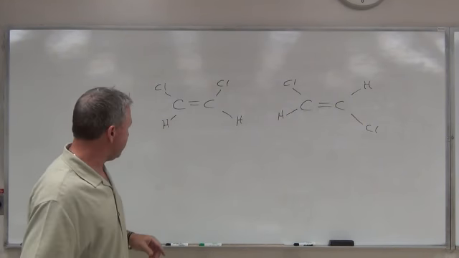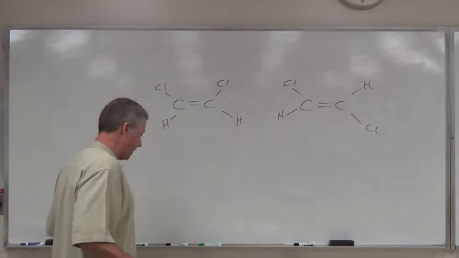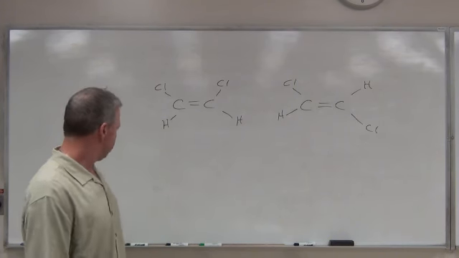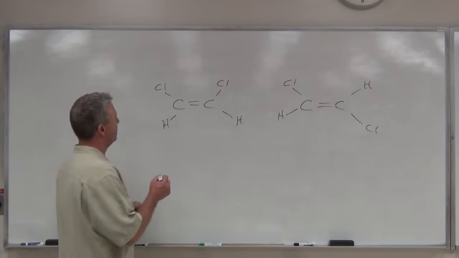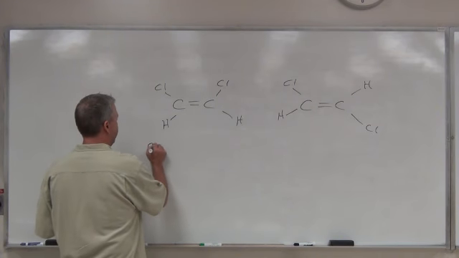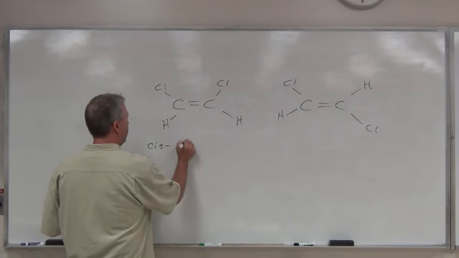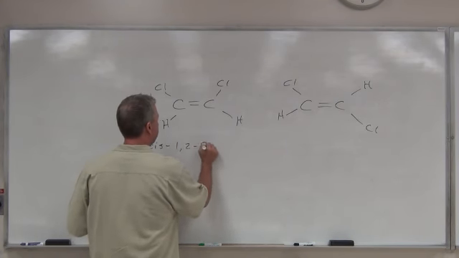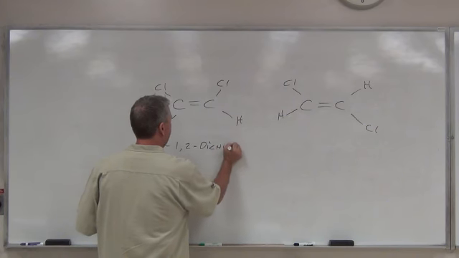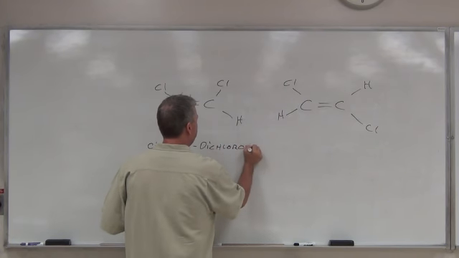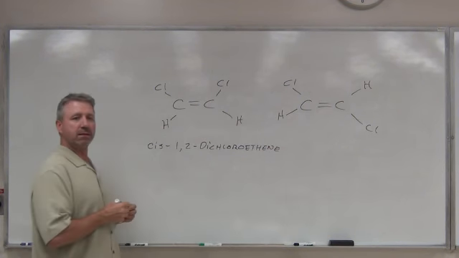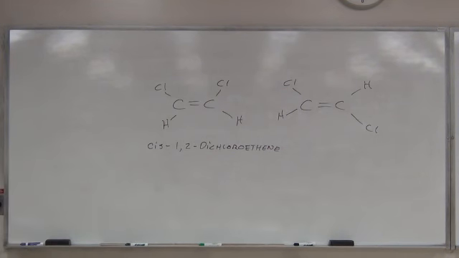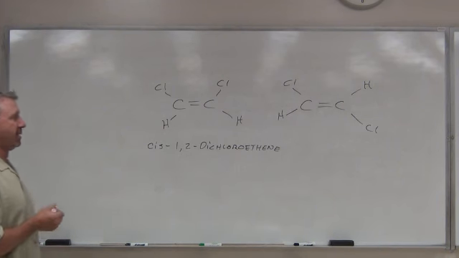If they're substituted on the same side, we call them cis. This is cis 1,2 dichloroethene. Cis 1,2. Cis meaning same.